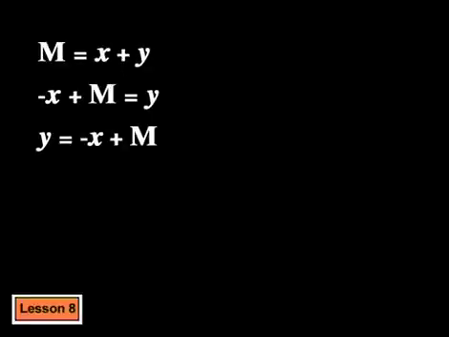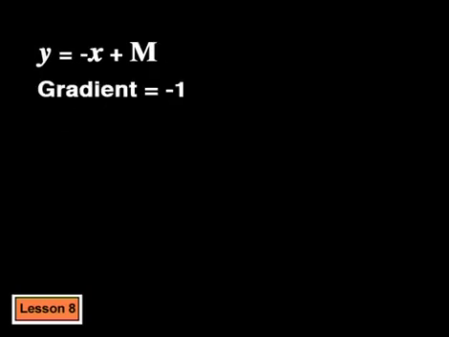Let's start by writing the objective function m equals x plus y in the form y equals something. That's easy because we just need to subtract x from both sides. That gives us y equals negative x plus m. Now we have the equation for a general straight line graph. The y-intercept varies according to the value m, and the gradient is -1.